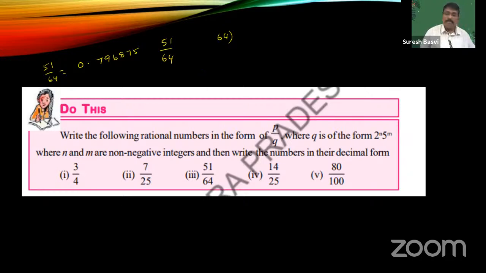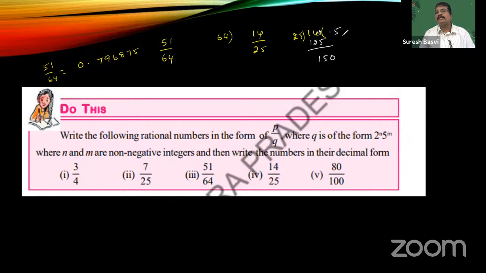Next, what is it? 14/25. 14/25, Mr. Hariganga Sai already got the answer, I think. So 14 is there. Point is there. 25 5s are 125.